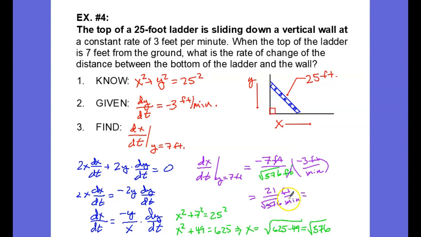And the square root of 576 is 24. So we have 21 over 24 feet per minute. 3 goes into 21 7 times. 3 goes into 24 8 times. So 7/8 feet per minute. And if you express that as a decimal, don't forget you need 3 decimal places accuracy.